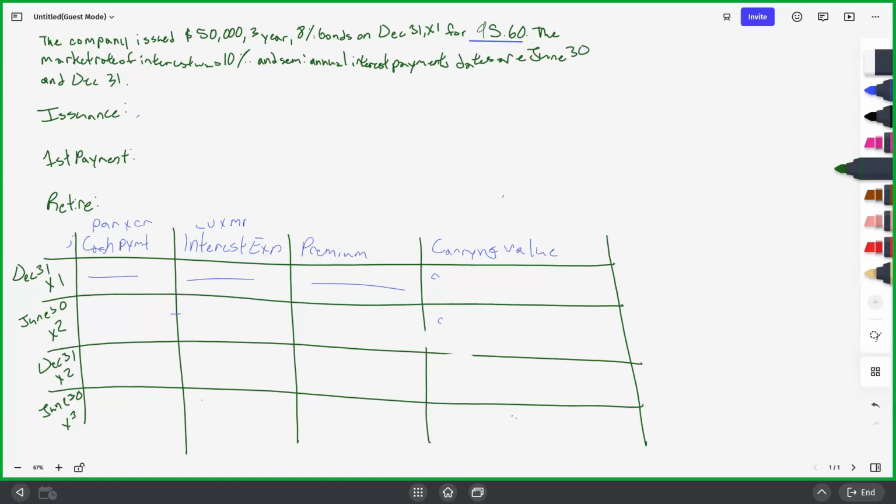The payment is off. What are you using to find out your cash payment? So your cash payment for your interest. So, that is the right way, but not with that number.